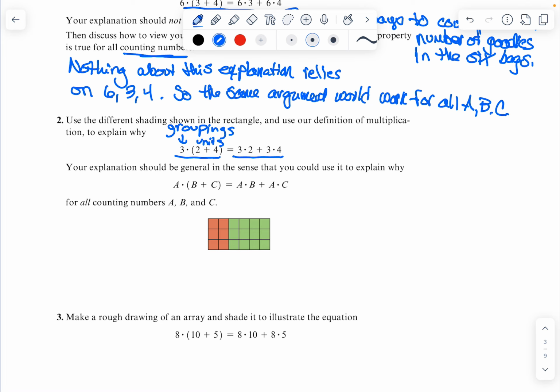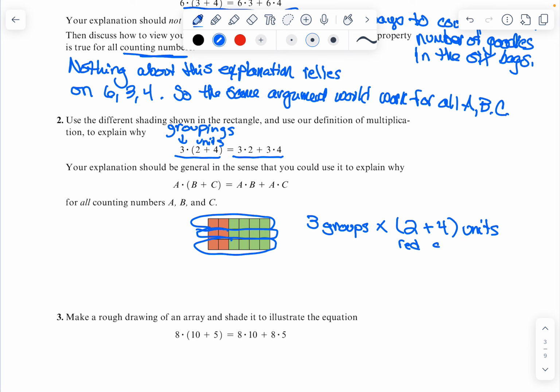So the first way we can see that, right, is if I look by row. I have 1, 2, 3 groups times 2 plus 4 units. Right, the 2 red and the 4 green squares in each row. And so that gives us our left-hand side up here in our equation.